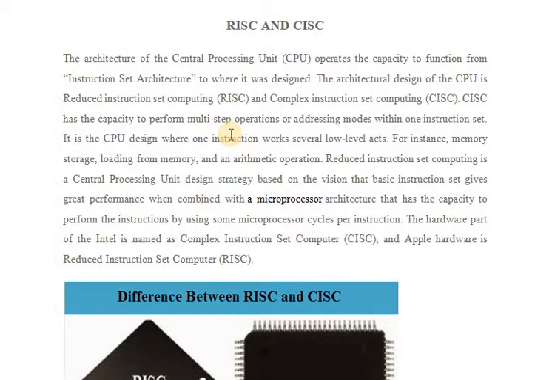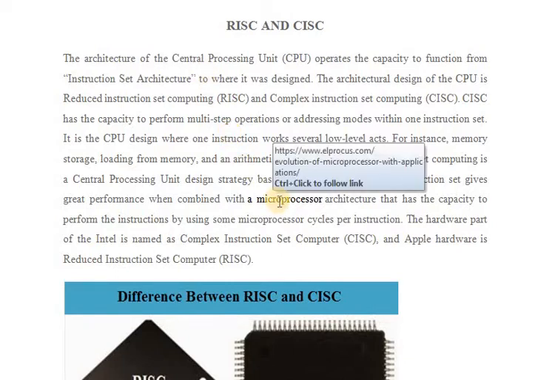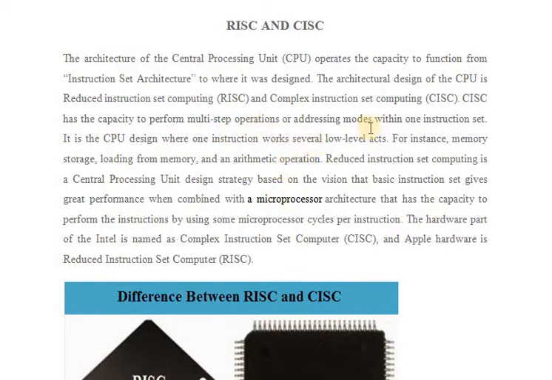Now, how many instructions does RISC have? Relatively few instructions and relatively few addressing modes, compared to CISC. CISC has the capacity to perform multi-step operations or addressing modes. Addressing modes are also more numerous in CISC compared to RISC.